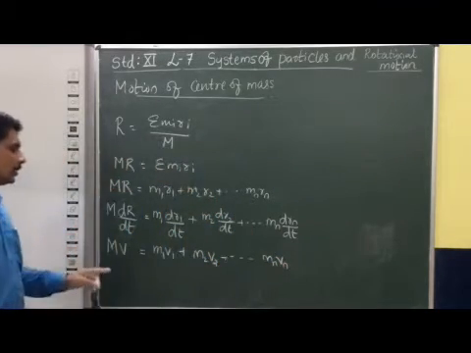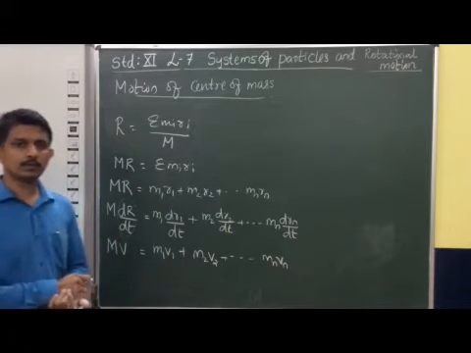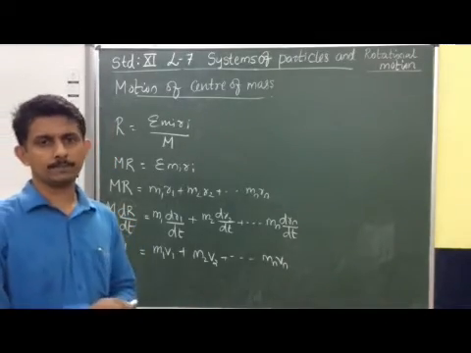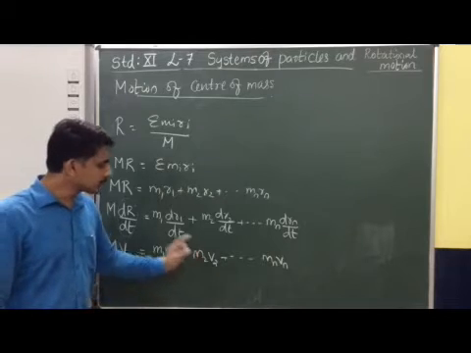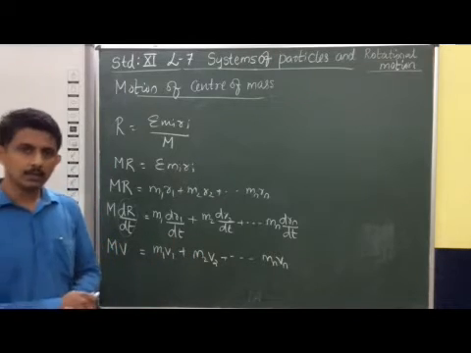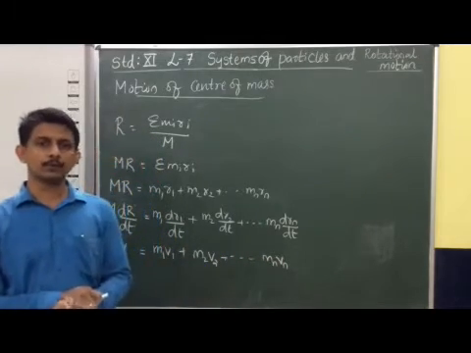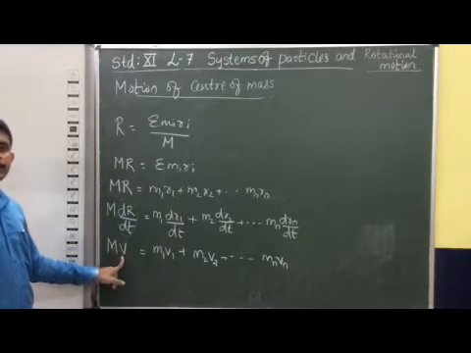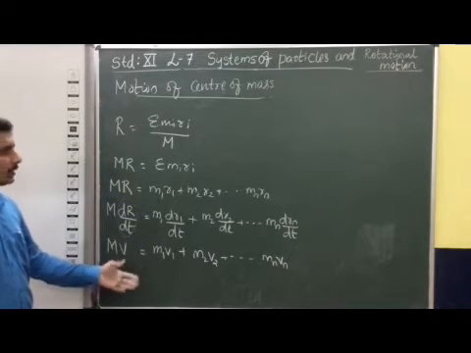Here v1, v2 up to vn are the velocities of the individual particles of the system. v1 is the velocity of the first particle, v2 is the velocity of the second particle, and if n particles are there, vn is the velocity of the nth particle, and the capital V is the velocity of the center of mass of the system.